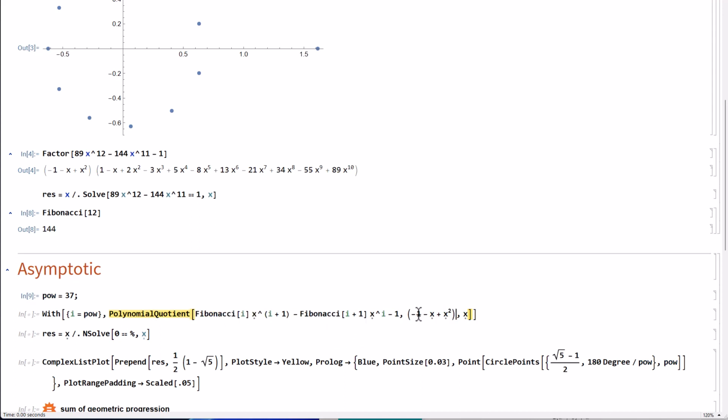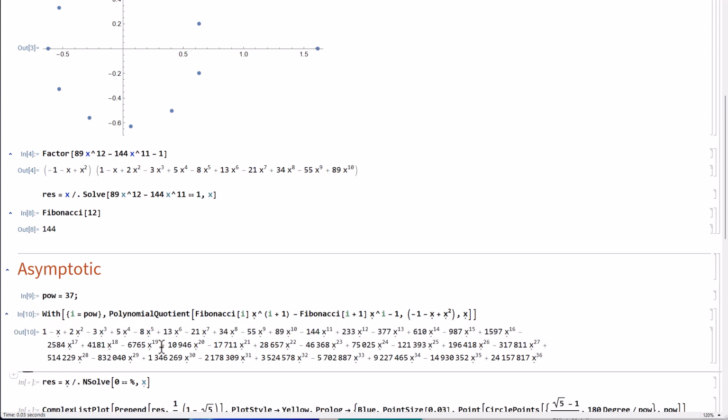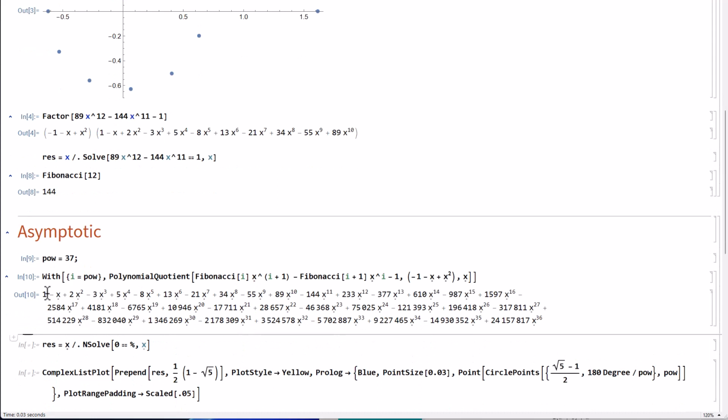And let it divide x squared minus x minus 1, because we focus on this part, and we always know this part will be part of the factorized list. So let's just take a look at it. Okay. So this is the polynomial we have. Okay, and we can solve that.